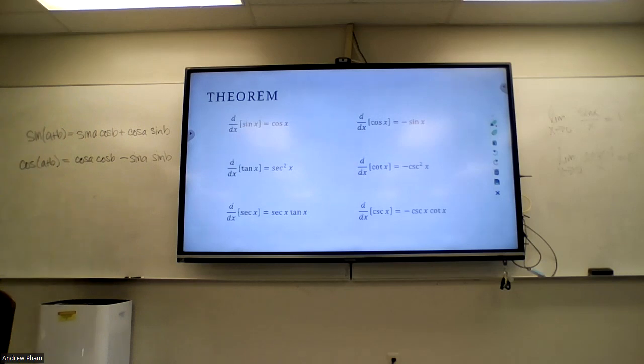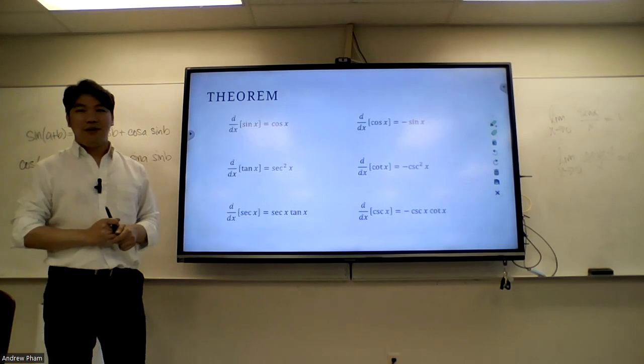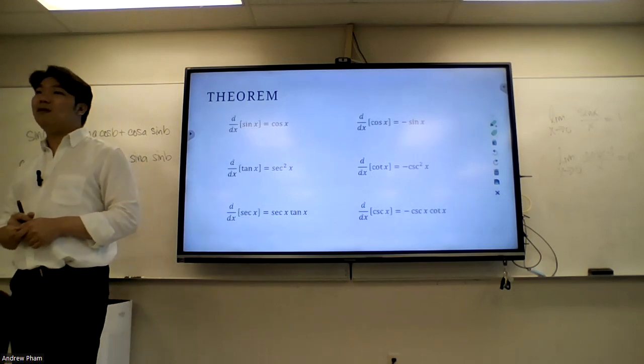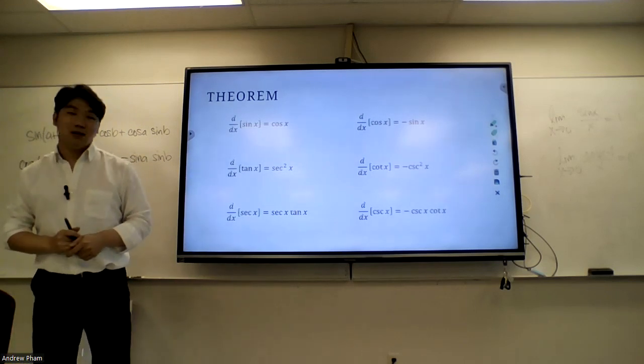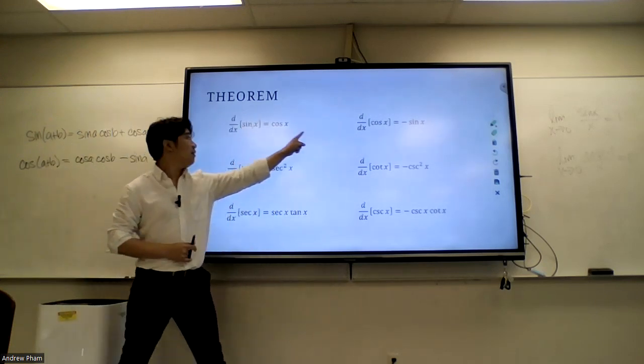Whenever I tell people to study these 6 trigonometric function derivatives, I usually tell students, if you know the left 3, then you will know the right 3. Because as it turns out, the 3 on the right, you can imagine that they are just the negative co-function version. Sine, cosine.